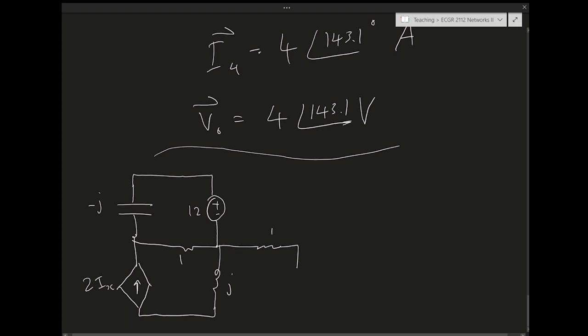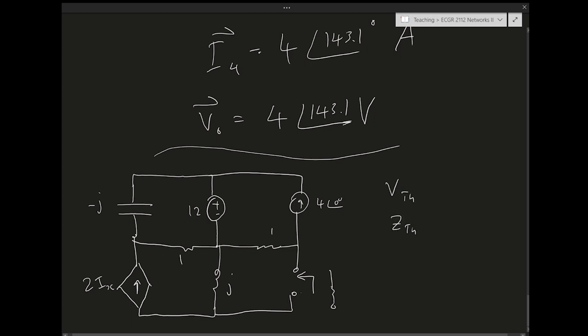And what we do now is, instead of the 1 ohm resistor, we want to take the 1 ohm resistor out, and we want to find the equivalent Thevenin circuit for this whole circuit. So what we want to do, we want to find the V Thevenin and the Z Thevenin.